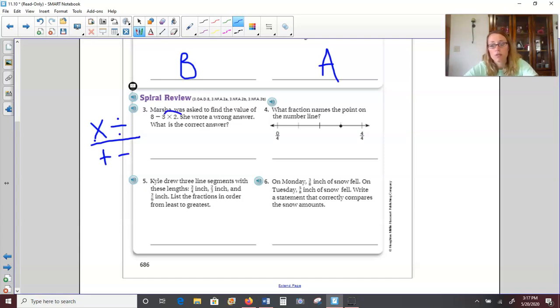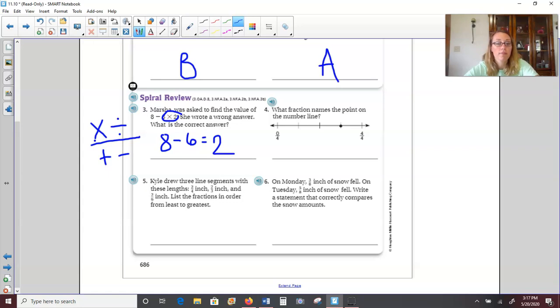So we're going to do 3 times 2 first, which is 6, and then bring down the 8 minus 6, and that equals 2. So her answer should have been 2, but maybe she did 8 minus 6 first and got 2, and then did 2 times 2 and got 4. That would be my guess. She didn't know the order of operations to follow.